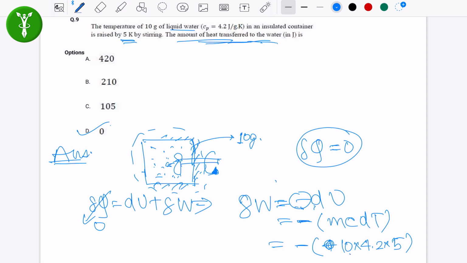If we check the units, m is in gram, c in joule per gram Kelvin, times Kelvin, so it will give joule, which is what has been asked. So it is 4.2 times 5 times 10, which is minus 210 joule. Minus indicates that work is done on the system. This is the work and the heat is 0.